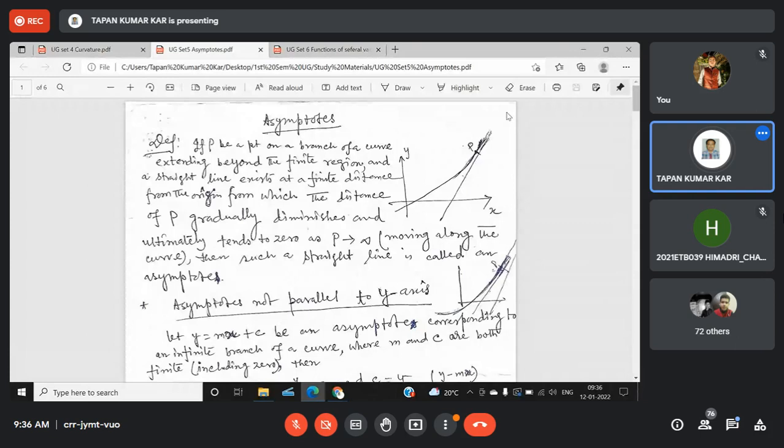If such a straight line exists, then that straight line is called an asymptote of the curve.